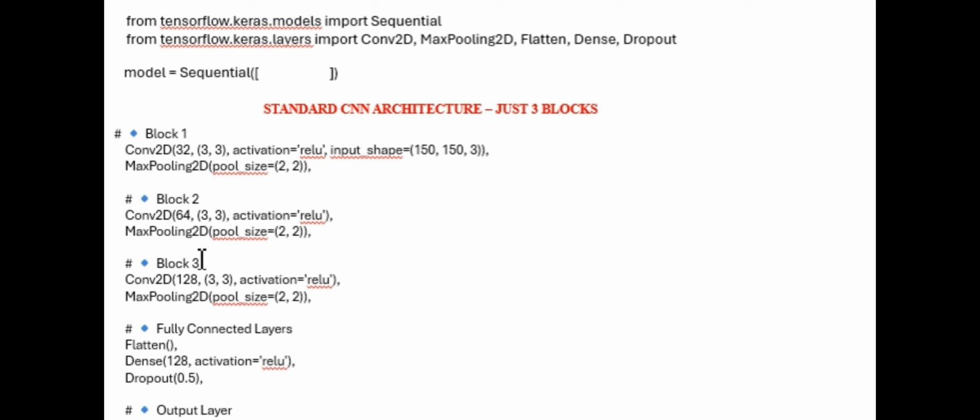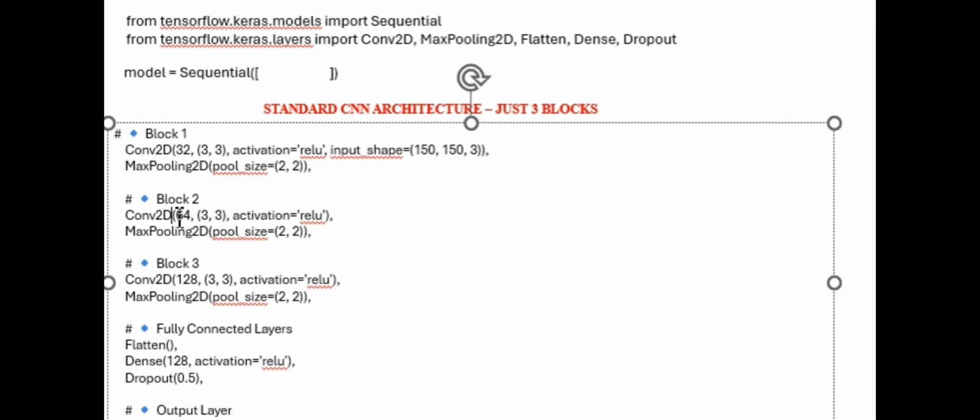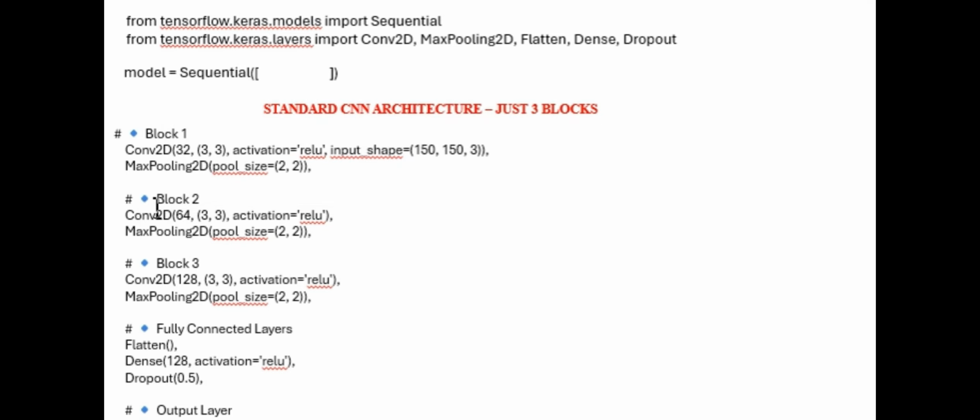I will explain this carefully, but you see this is a 3-block model because it has Conv2D and MaxPooling in the first block. Then the system does the same thing again, incrementing to 64, as you can see. So in block 2, we have Conv2D and MaxPooling, but if you check carefully, you see that some variables are increasing.